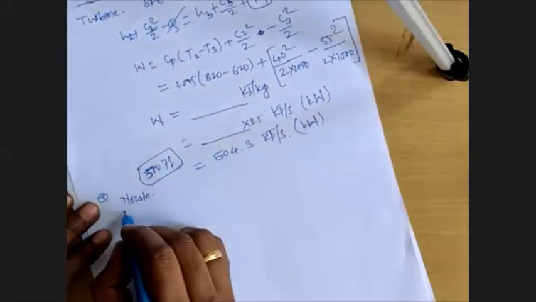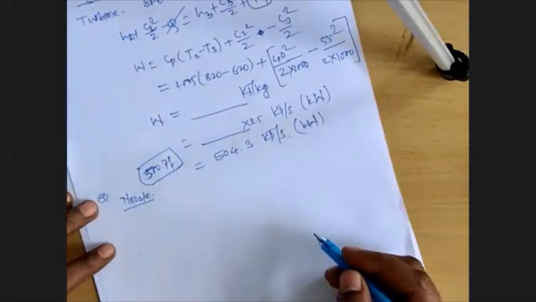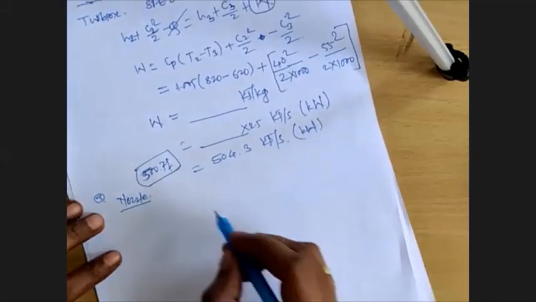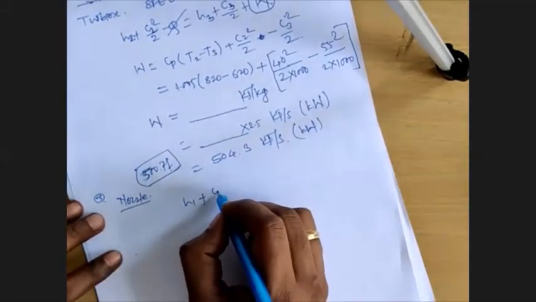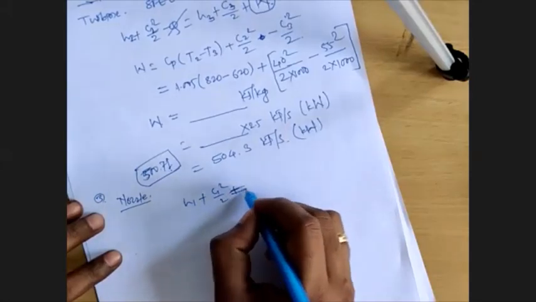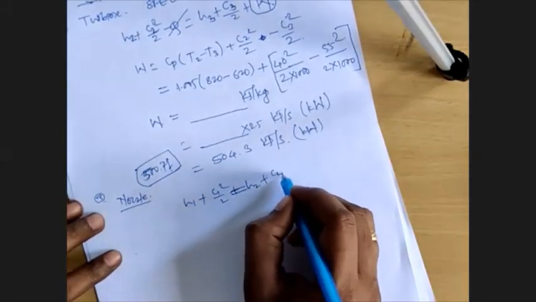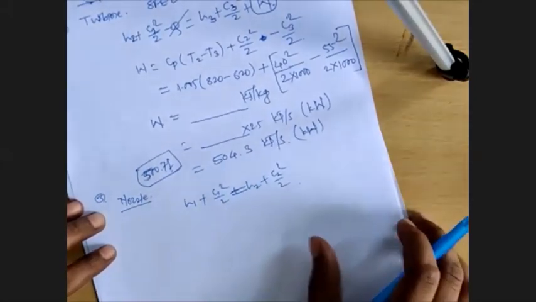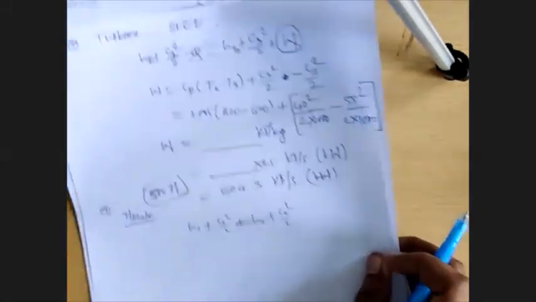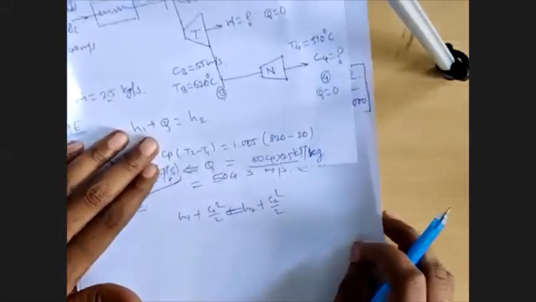Pratik, what is the relation for nozzle? H1 plus C1 square by 2 is equal to H2 plus C2 square by 2, right? Now let's write this relation for our case.